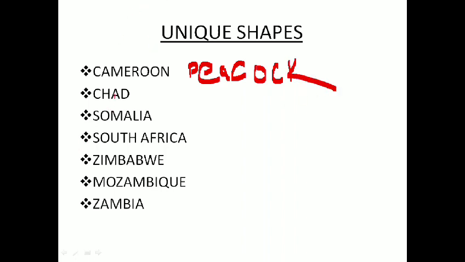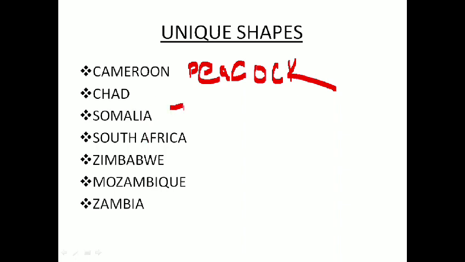Chad, along with the Central African Republic, if you see them combined, resembles a cartoon of a man. Only the head part, you can see a peculiar picture which resembles a cartoon: Chad along with the Central African Republic.